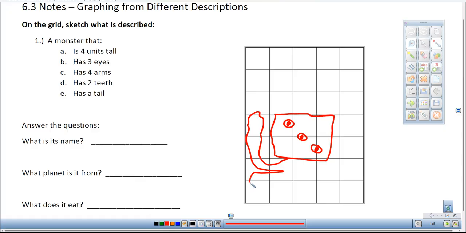There's an arm. There's an arm. There's an arm. And let's make him asymmetrical. There's a 4th arm. 2 teeth. 1 tooth here. And 1 tooth here. And he has a tail.